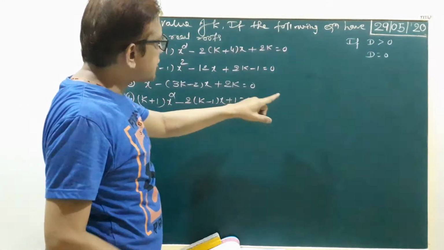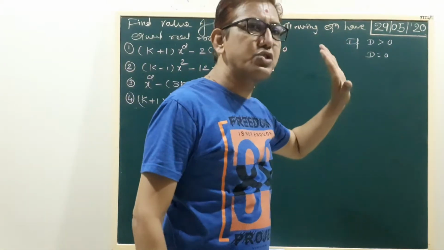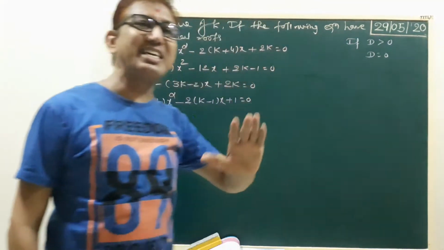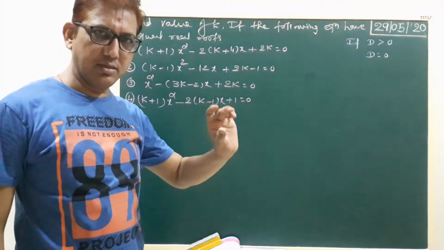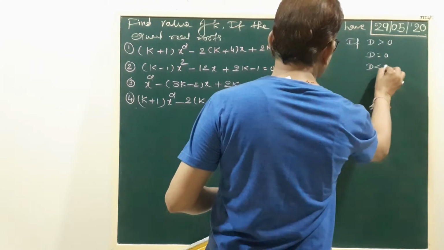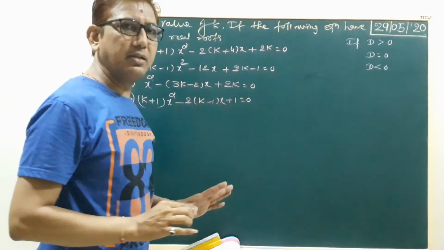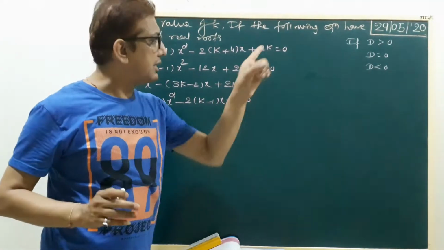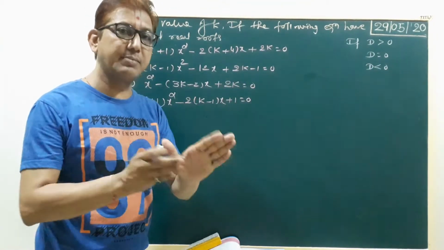When our condition is discriminant equal to 0, then the roots are equal. Is that clear? If D is less than 0, then roots are not possible in R, in real numbers.